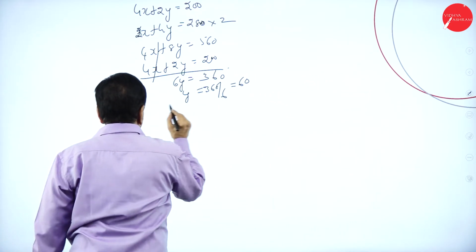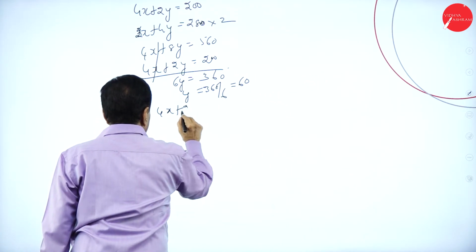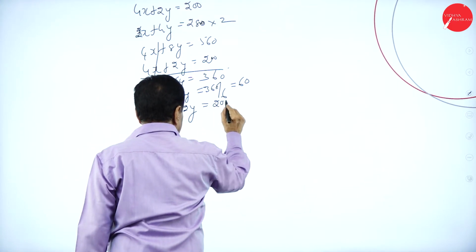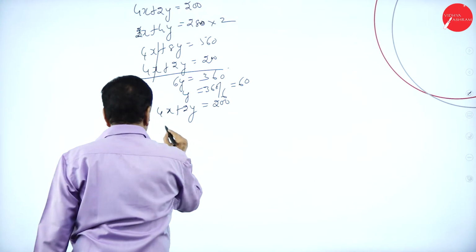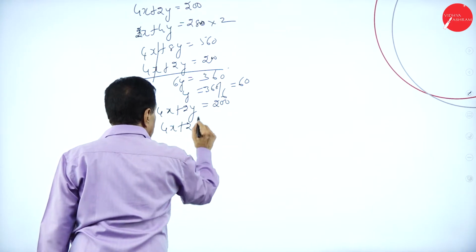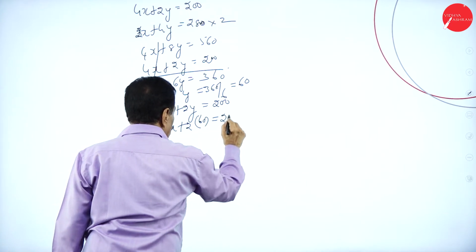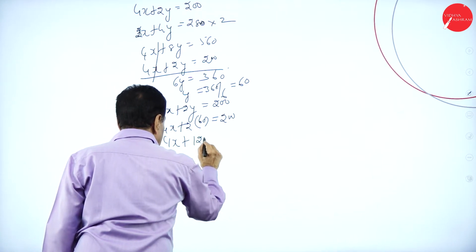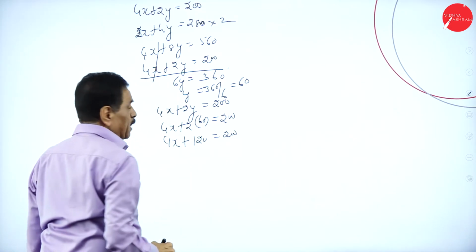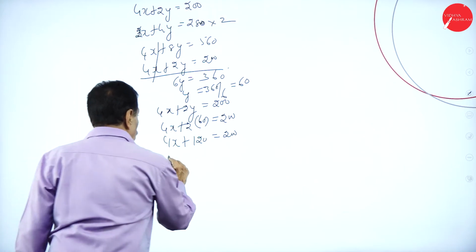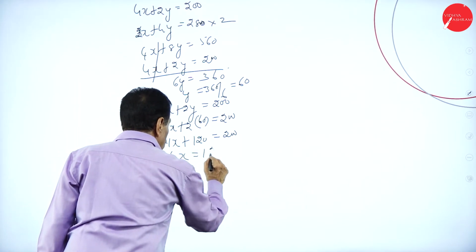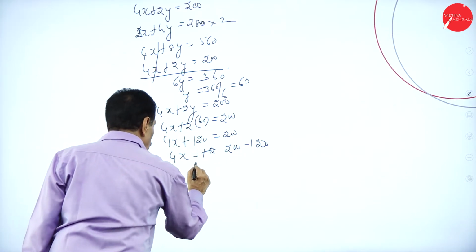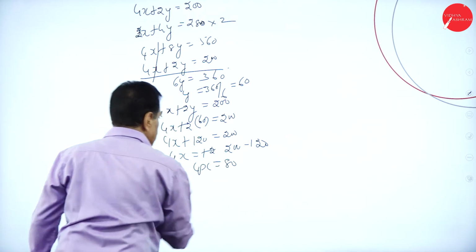You take the first equation, 4x plus 2y is equal to 200. Then put the y value: 4x plus 2 into 60 is equal to 200. 4x plus 120 is equal to 200. I am solving the equation. 4x is equal to 200 minus 120. 4x is equal to 80.